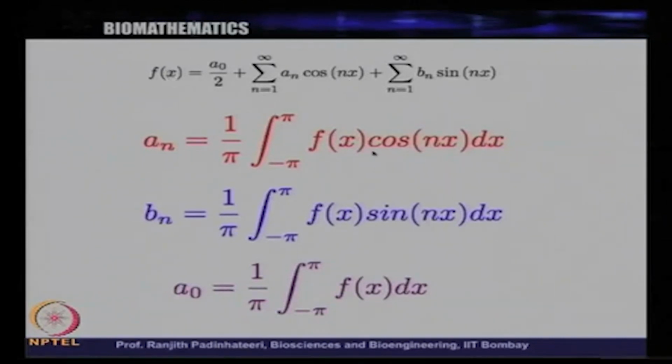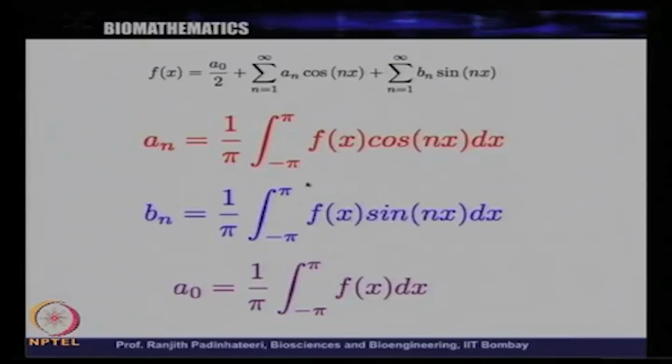You multiply like this and then you get this, and b n is this, and a 0 is this. Why is a 0 this? Just put n equal to 0 in a n, and you essentially get the same thing. This is written in a different way, but that is fine. So, a n and b n can be defined in this particular way.